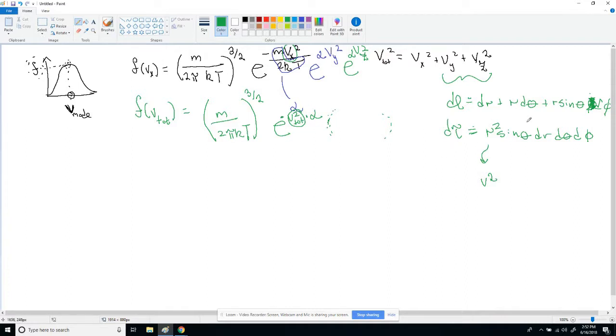So this is the one in question. And from this, 0 to 2 pi is just 2 pi. From this infinitesimal element, we are going to get a 2 from 0 to pi.